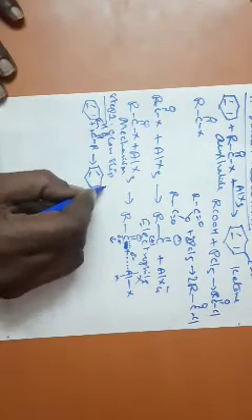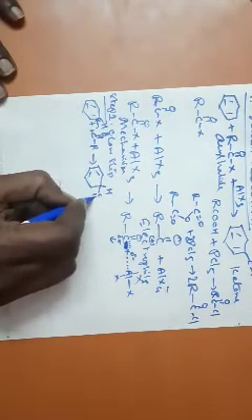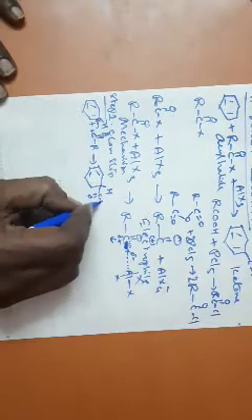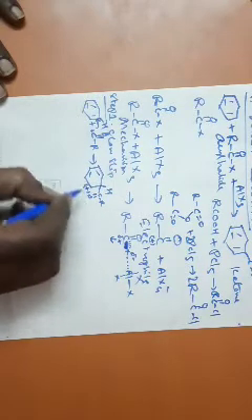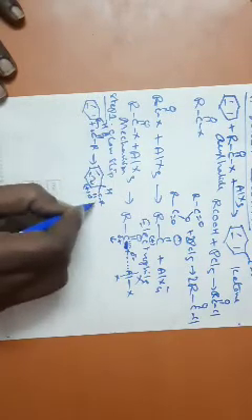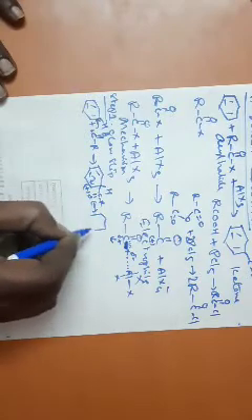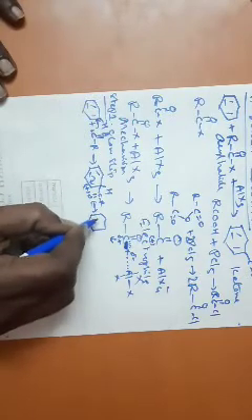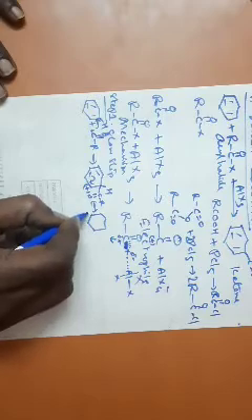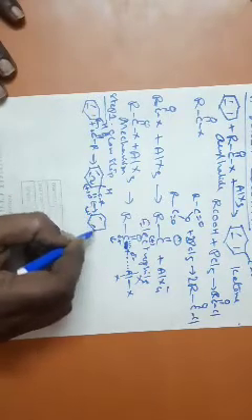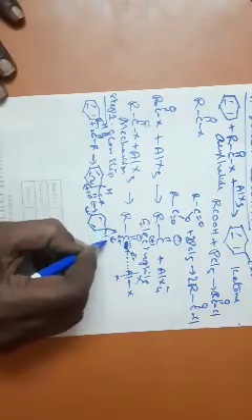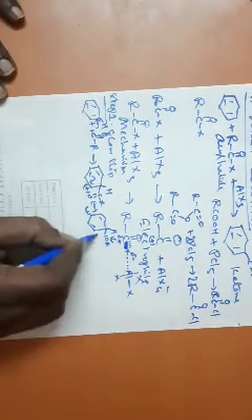See? The positive charge is over this carbon. As usual, it is delocalized, and because of the delocalization, the positive charge comes to this carbon, and you have COR.